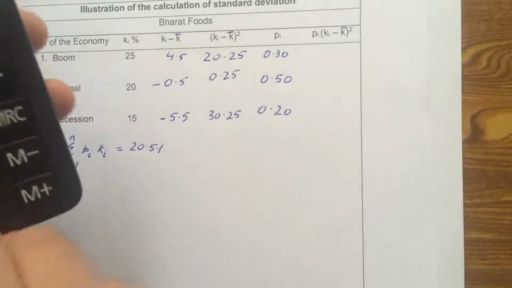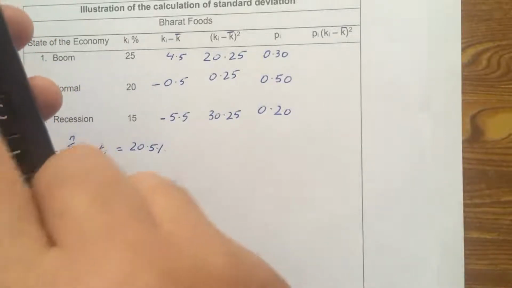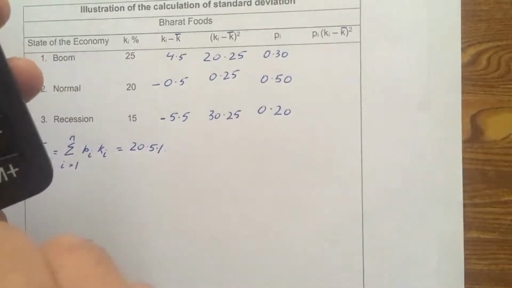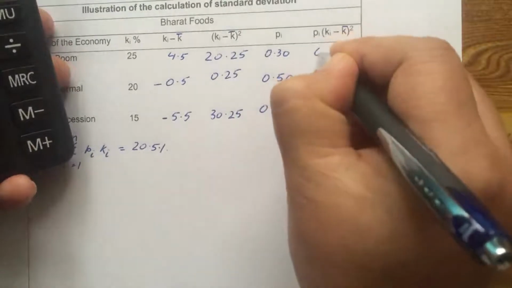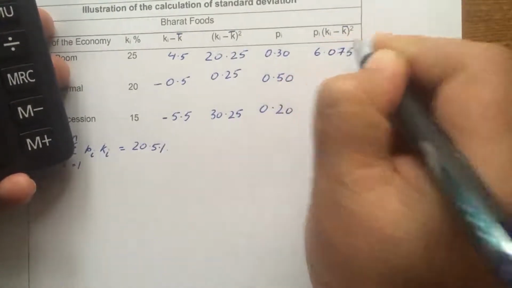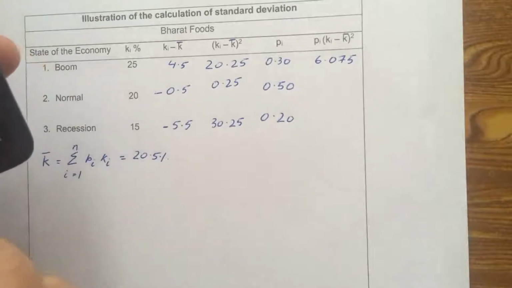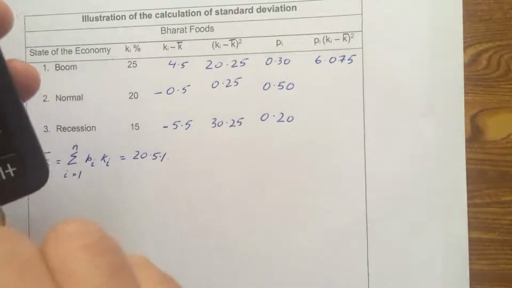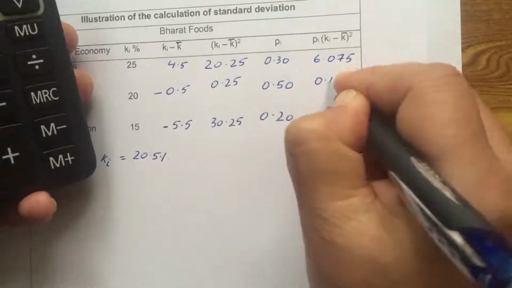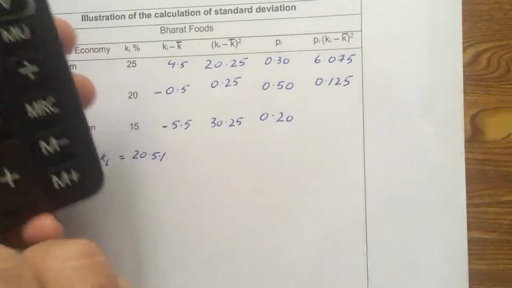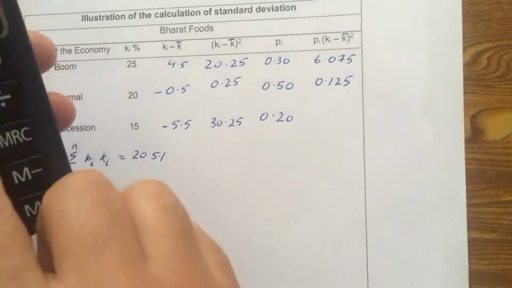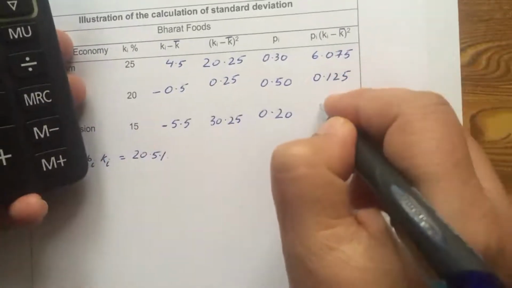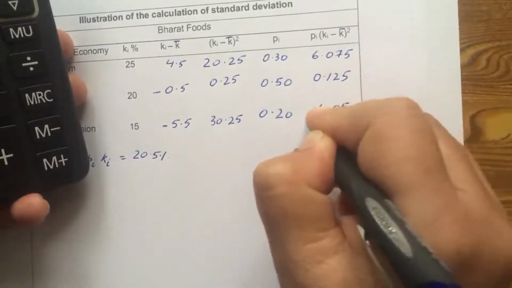So 20.25 into 0.3 is 6.075. 0.25 into 0.5 is 0.125, and 0.2 into 30.25 is 6.05.